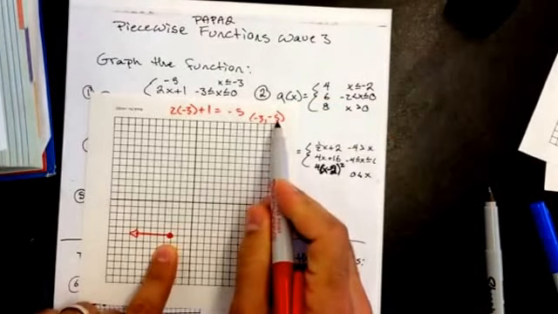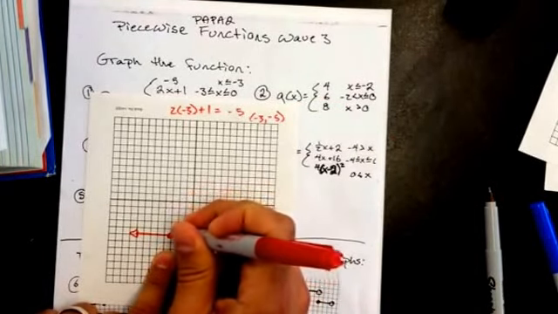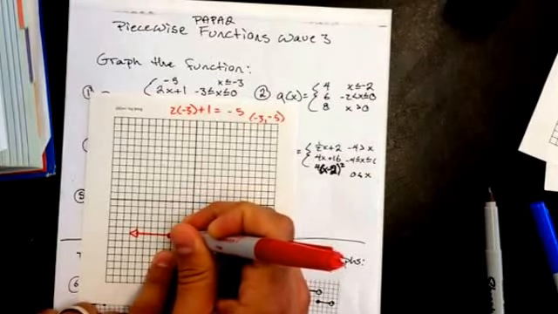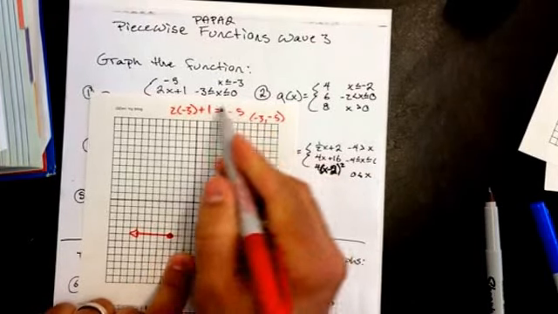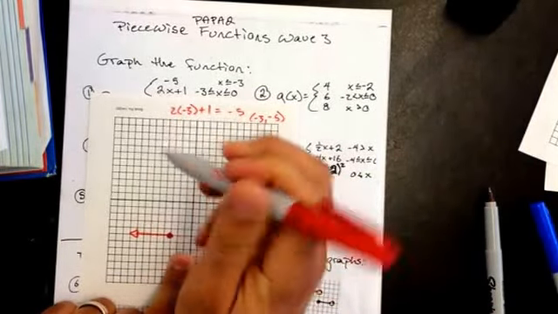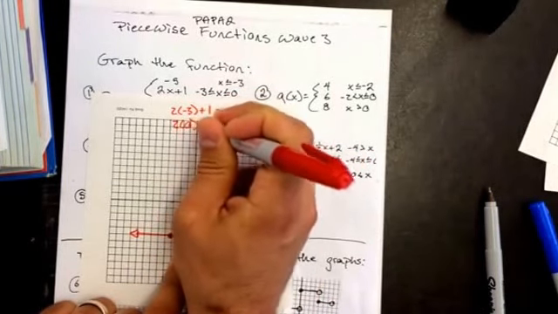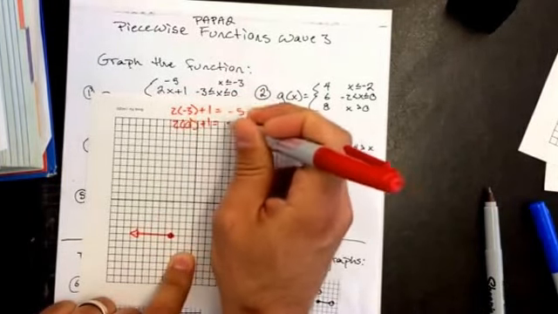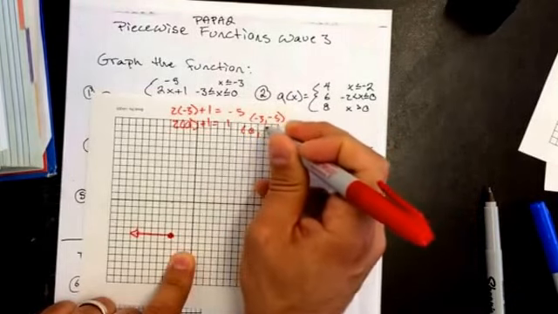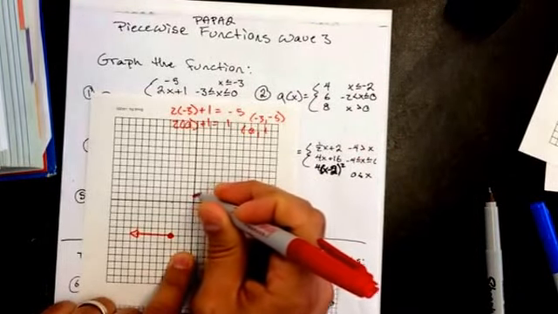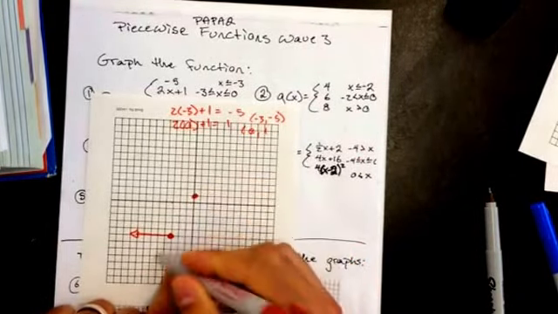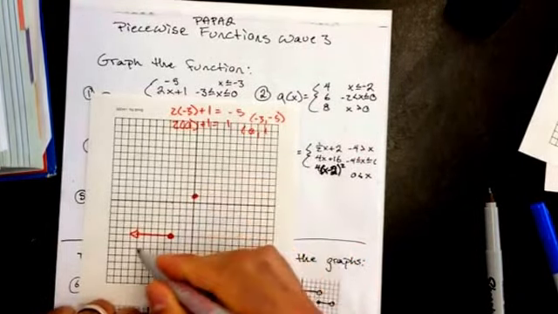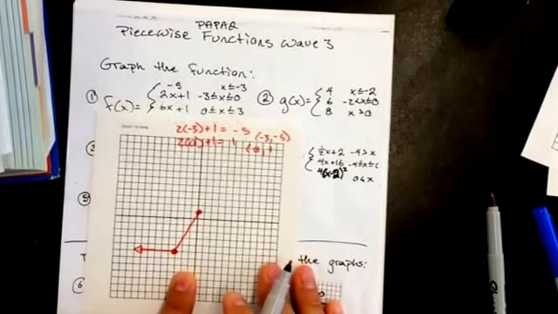So I'm going to make that point, -3, -5, which is the same point right here. And then I'm going to see where this rule ends, which is what happens when I plug in 0. So 2 times 0 plus 1 equals 1. So I have a point at 0, 1. So this line right here goes from this point to this point, and I connect them. And then I'm going to go to the next rule.